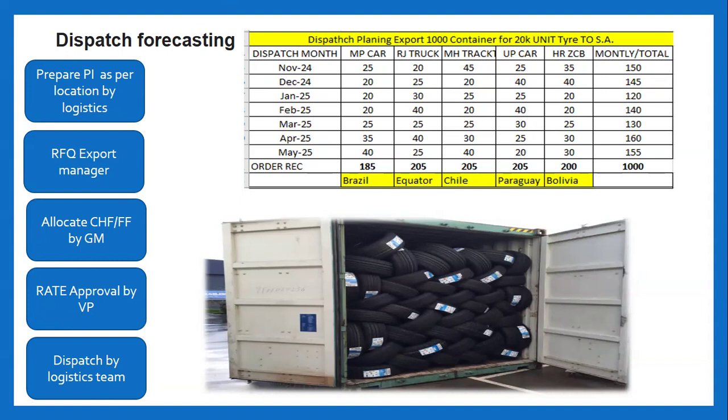In one day we have to dispatch 7 containers, so we will give these 7 containers to 3 freight forwarders, so that they can easily arrange the empty containers and transport. Okay, so this is the process by which we need to plan the dispatch. When we plan this dispatch, we also need to check the service level of the freight forwarder, and on the basis of the service level we need to intimate them.